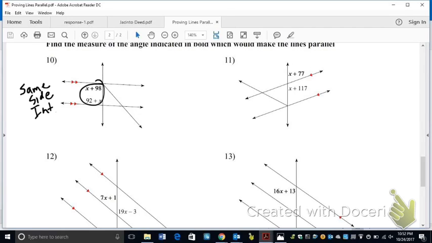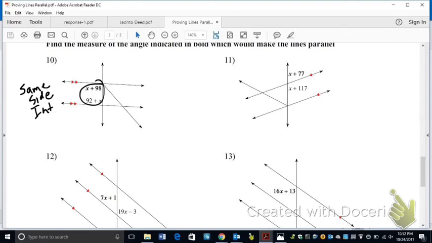And again, looking over those little quick checks you guys did today, the biggest issue you guys had was making sure that you correctly identify the angle pairs and understanding that those angle pairs have specific relationships.